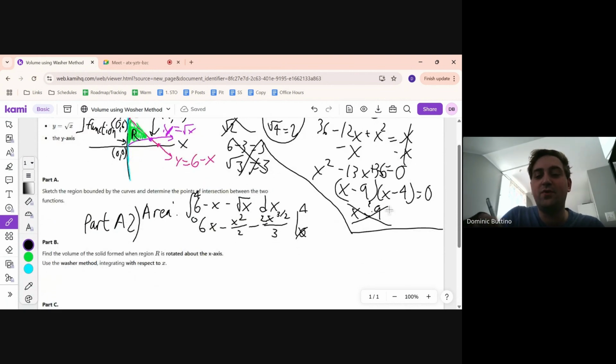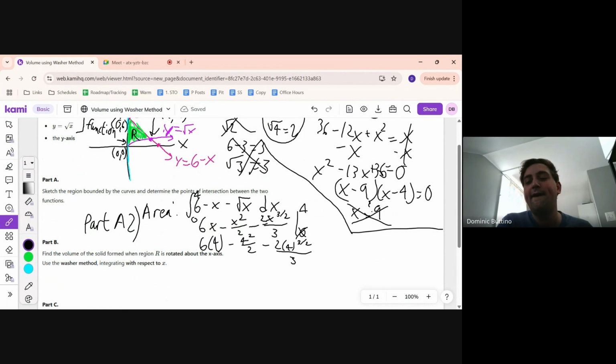For the 4, let's do 6 times 4 minus 4 squared over 2 minus 2 times 4 to the 3 halves over 3. That gives you 24 minus, we won't be lazy, 16 over 2 is 8, minus this last one. So 4 to the 3 halves, what does that mean? That means to take the square root of 4 and then cube it.